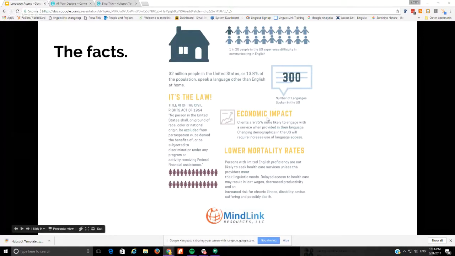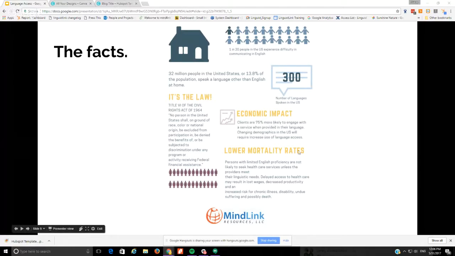Understand too, from an economic standpoint, 75% of clients are more likely to engage, to buy your thing, to convert, if the message is in their target language. You could use these kinds of numbers to get a return on that investment, right?